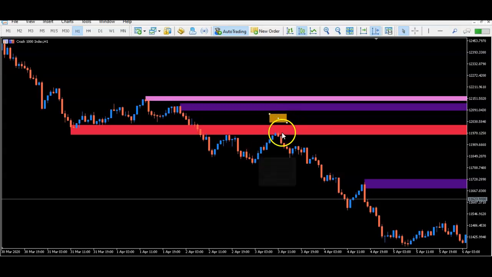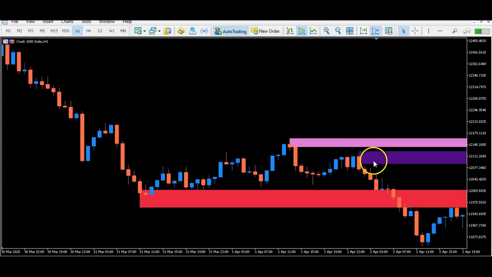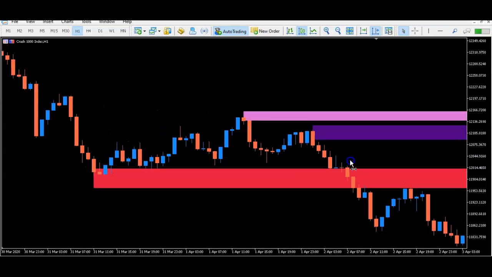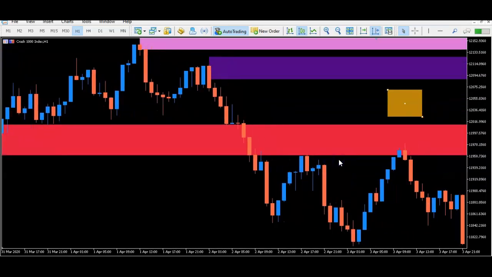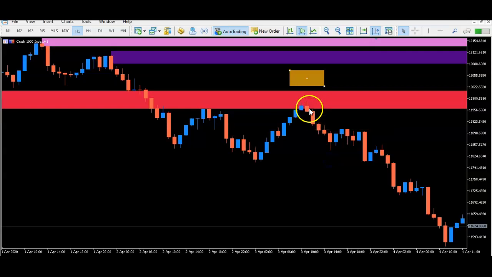Now, what other reason can we possibly have here? You can see now that we have a bullish candle. This looks like a bullish engulfing bar, as you can see it here. Look at it here. You can see that this particular candle has engulfed the previous one, right?